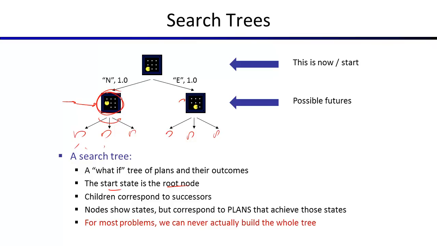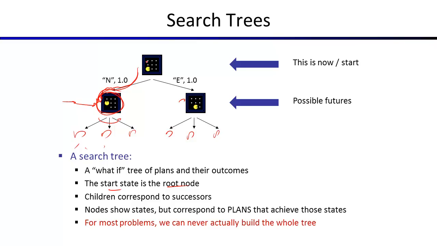This node in the search tree encodes an entire path. So from the start state, taking the action north, getting here, that's what's encoded by that particular node in the search tree. And you might have certain states appear multiple times in the search tree, where you reach that particular state by following different sequences of actions.